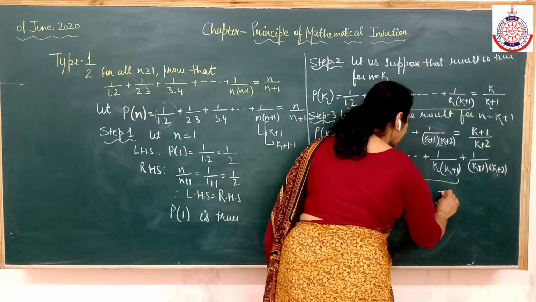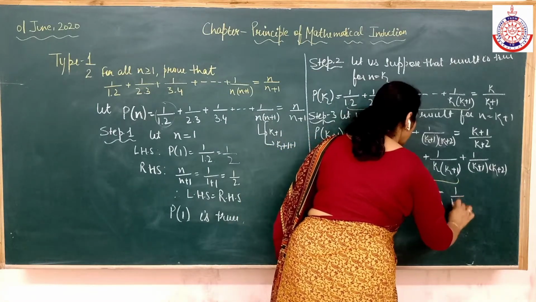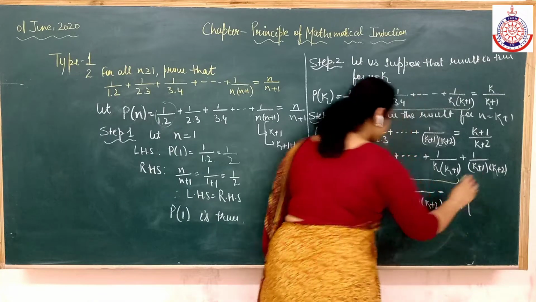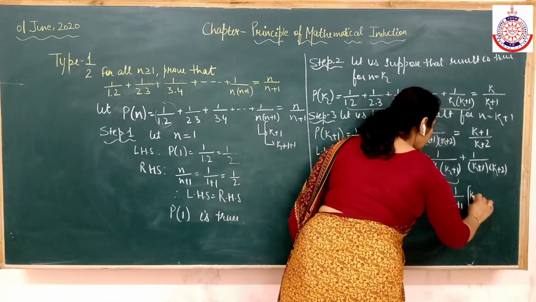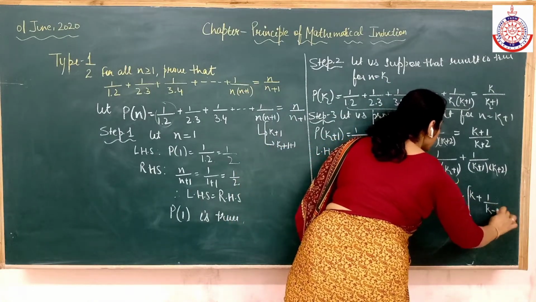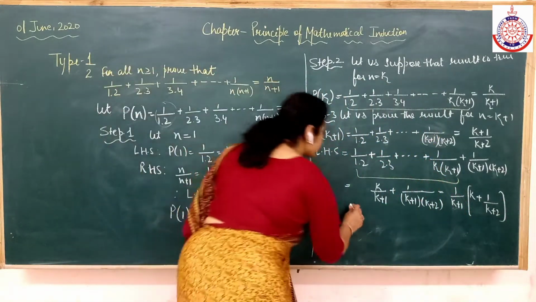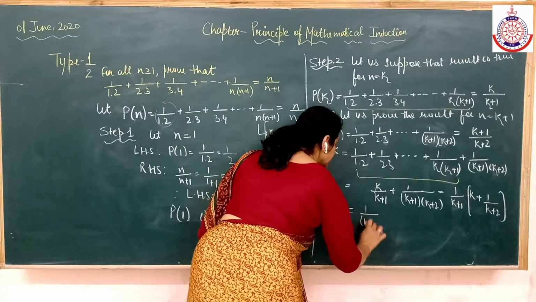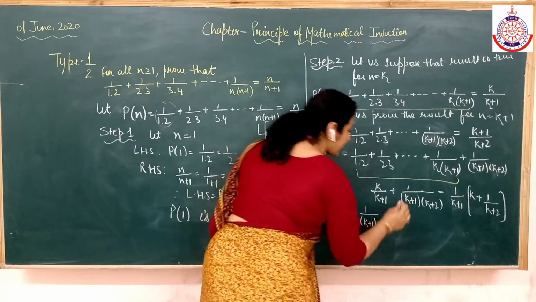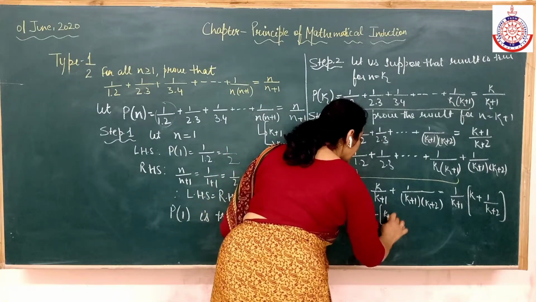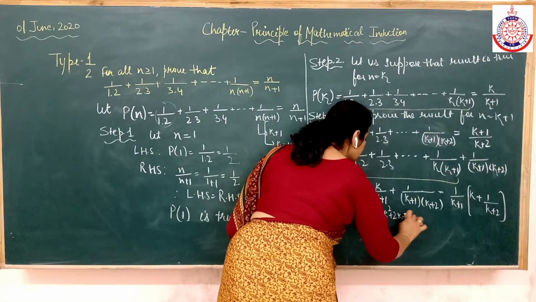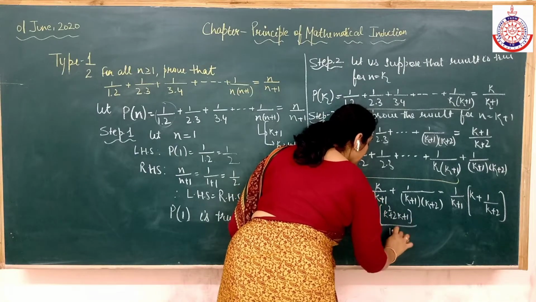Solve it. I can take 1 upon k plus 1 common. What is left inside? k plus 1 upon k plus 2. Clear? Take LCM. It will become k square plus 2k plus 1 upon k plus 2.